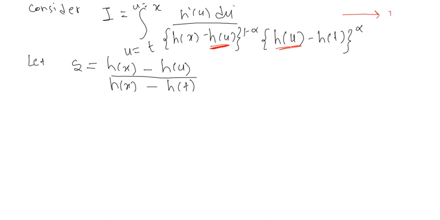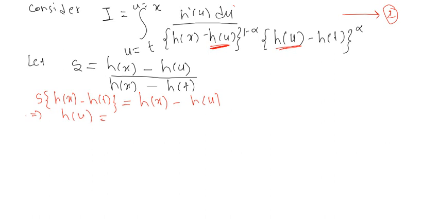Okay, so what will be h of u? So this will be s into h of x minus h of t equal to h of x minus h of u. So this implies h of u is equal to h of x minus s into h of x minus h of t.